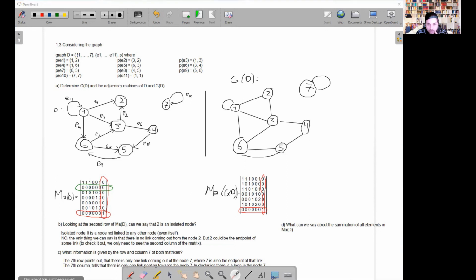So that means that we should have 11 ones on this matrix, right? So if we add all the elements, we have 1, 2, 3, 4, 5, 6, 7, 8, 9, 10, 11, right? So that's correct. So let's write it down.